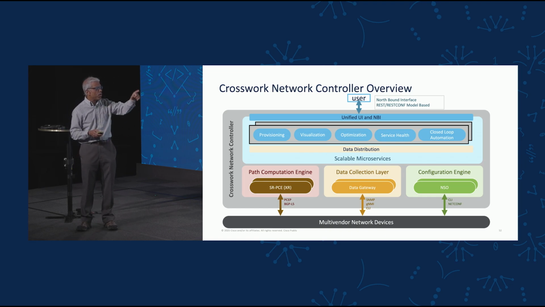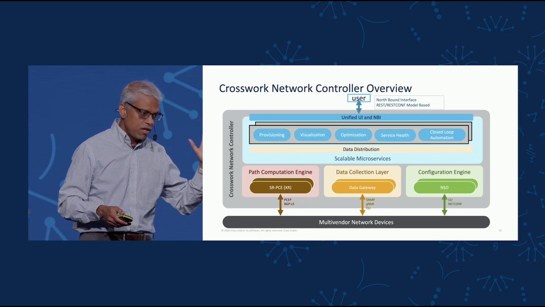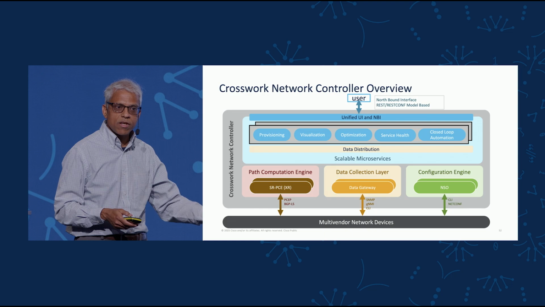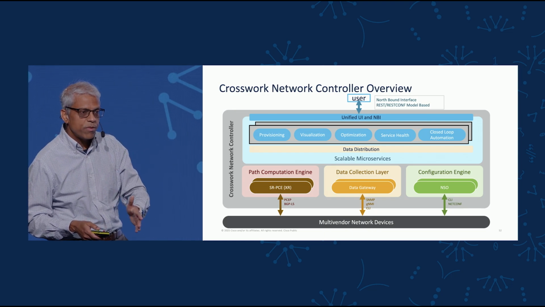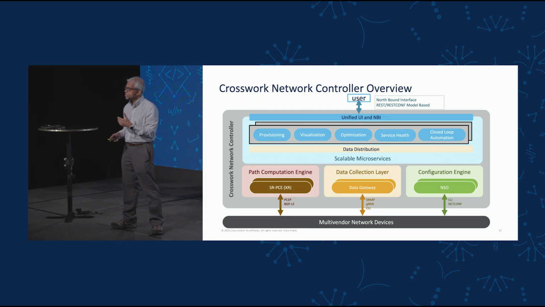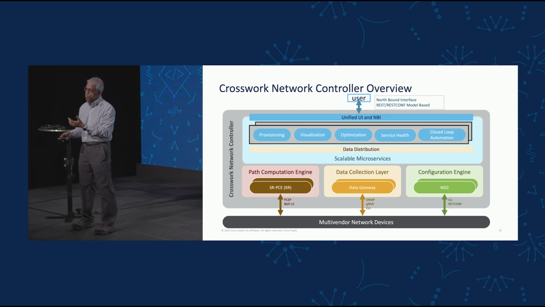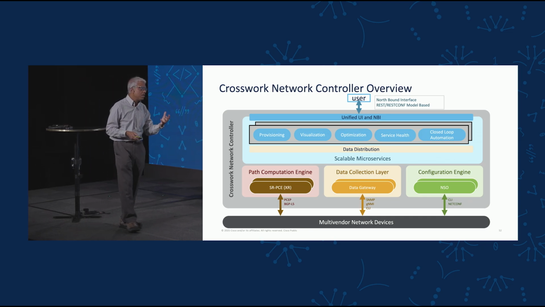But it's deployed as one app that is able to give you an integrated experience. When you provision something, you can also visualize it. If you're doing TE, you can have real-time optimization always on. And if you're doing VPN services, you can have service health monitoring that's going to consume the policy monitoring and use that to give you service-specific alarms. So all of that is presented in an integrated fashion.